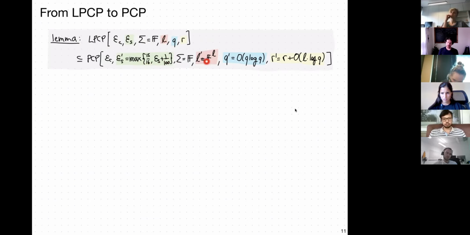The length would get exponential. The reason is that before, we assumed that we can magically perform linear combinations, and now we'll have to literally write down the value for each one of these linear combinations. The query complexity will pick up a log factor, and we'll need a tiny bit more randomness. So that's what we're going to show.